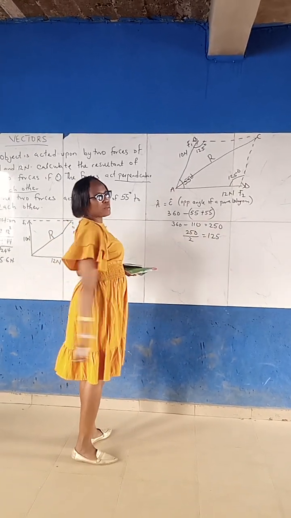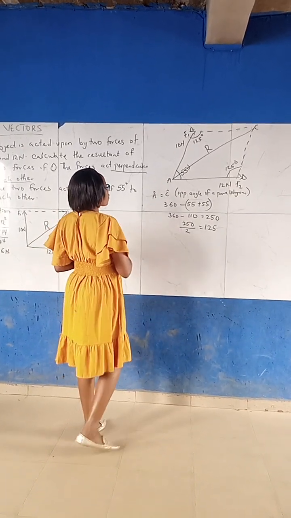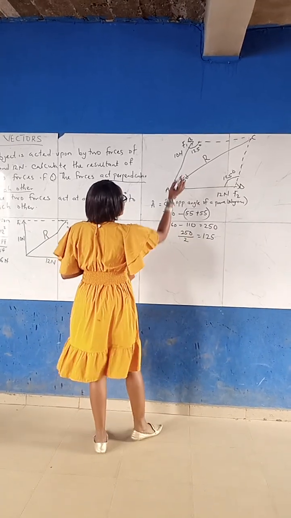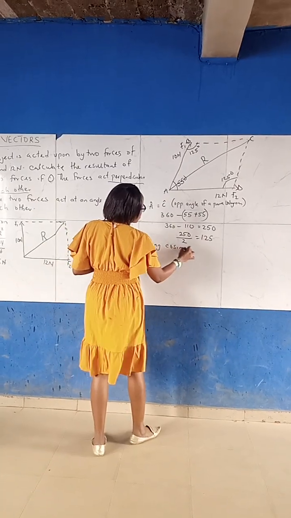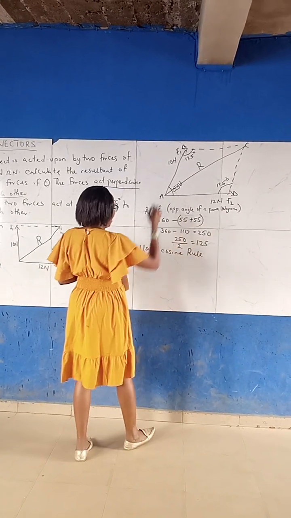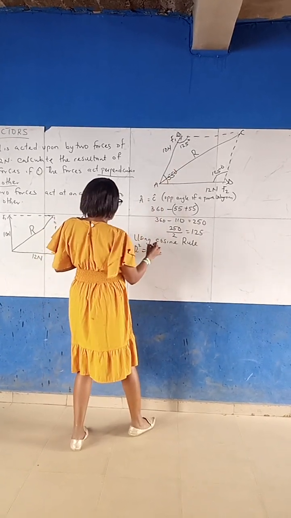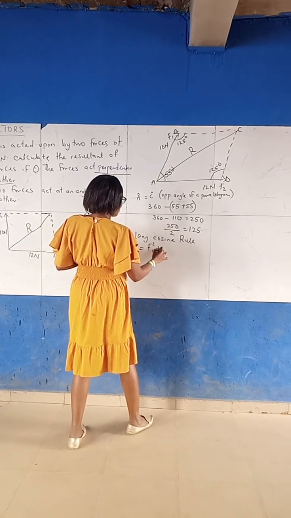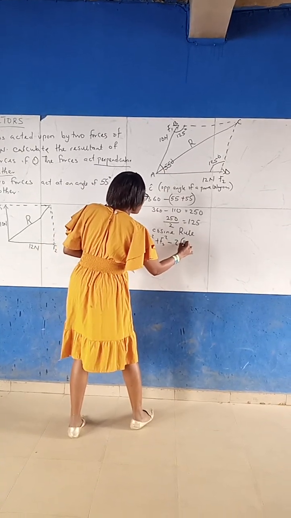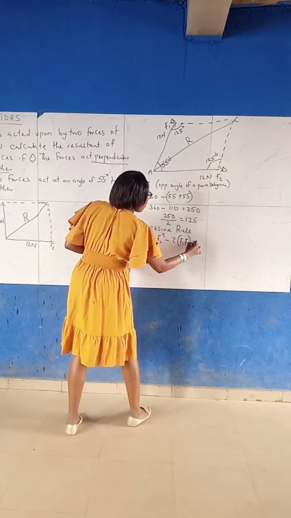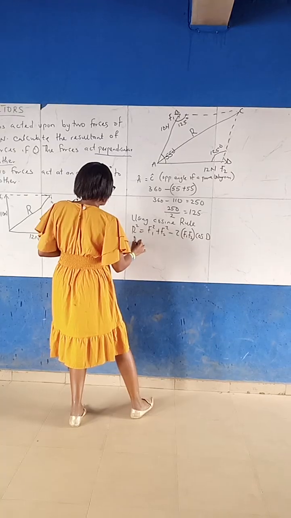Now, with this, I can make use of the cosine rule to get my resultant R. Using the cosine rule, R squared equals F1 squared plus F2 squared minus 2 F1 F2 cos D. So let me substitute that.